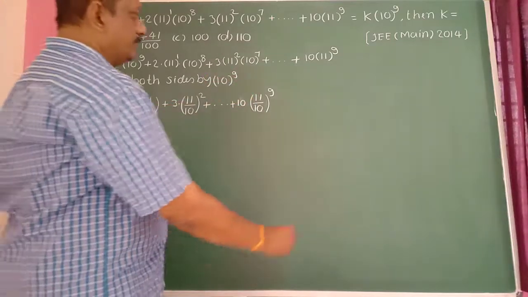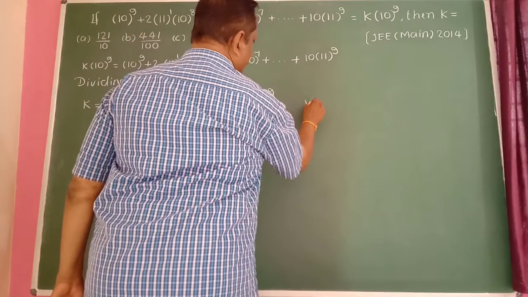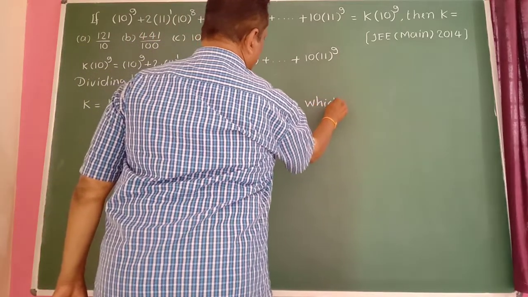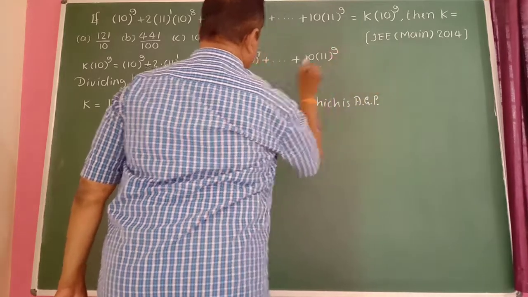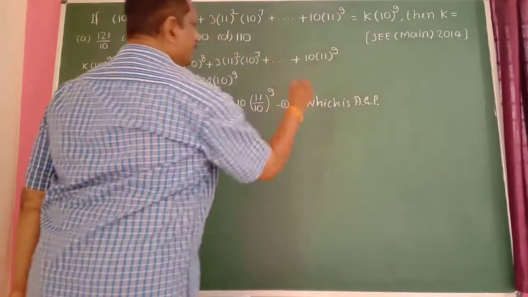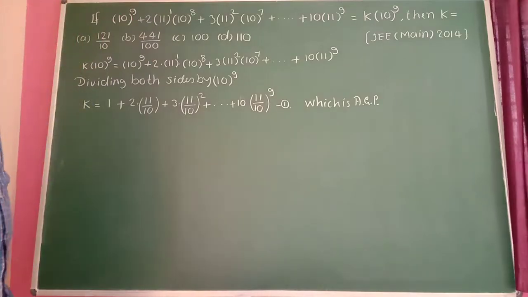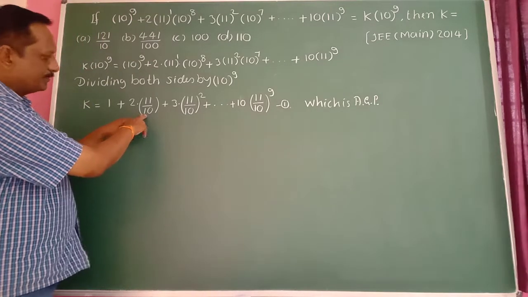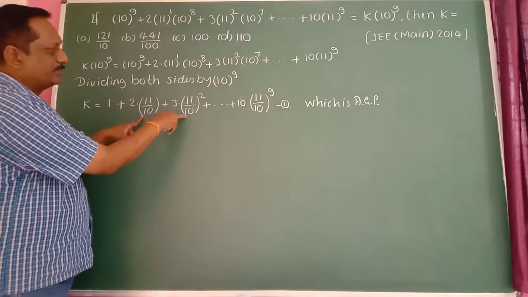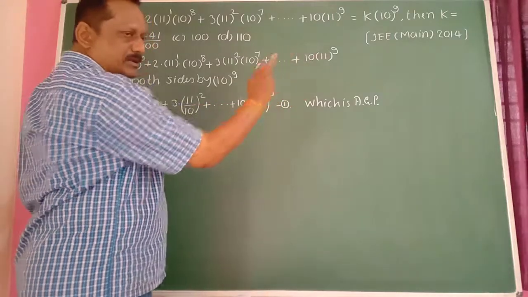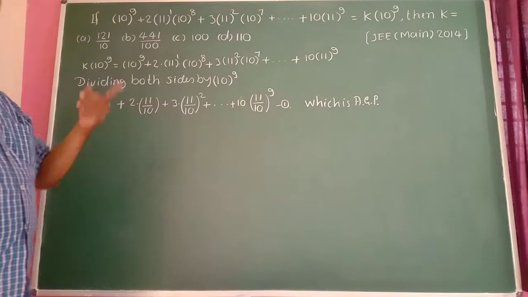Which is the AGP, meaning arithmetic geometric progression. In the GP, 11 upon 10 is the common ratio. So 11 by 10, 11 by 10 square, 11 by 10 raised to 9 and so on, 11 upon 10 is the common ratio.